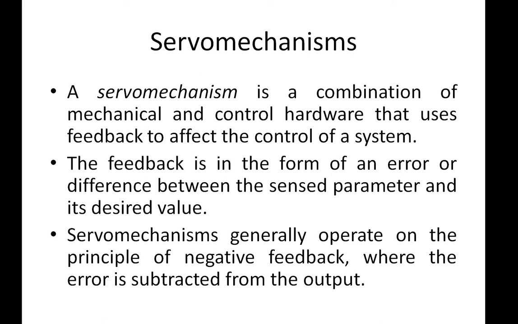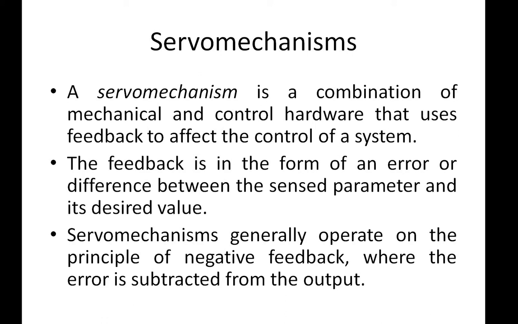Continuous feedback goes to the controller, the feedback and the input are combined, the controller processes that input, and then it is connected to the motor or actuator, and finally the process happens.